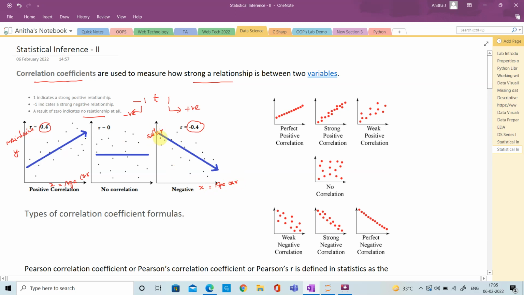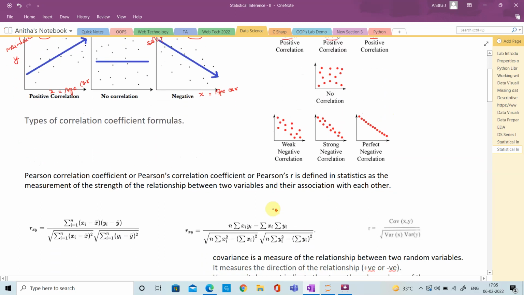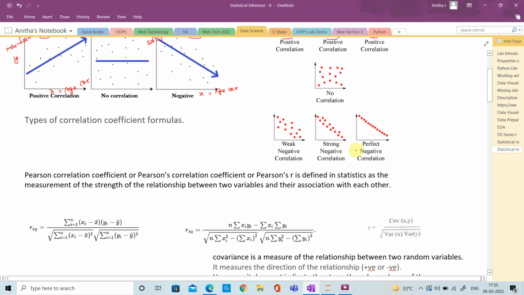So that gives positive correlation and negative correlation. These figures represent a perfect positive correlation, a strong positive correlation, and a positive but weak correlation. Again we have a weak negative correlation, strong negative correlation and perfect negative correlation.